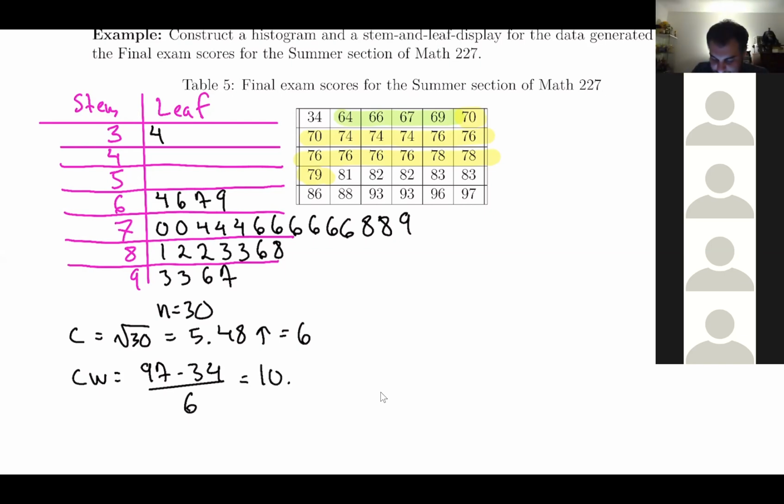You get 10.5 for the class width, but remember we round this up, and your final answer should be 11. So here go my classes, here go my class width. Let's slow down. Any questions in regard to how I got the number of classes or the class width?